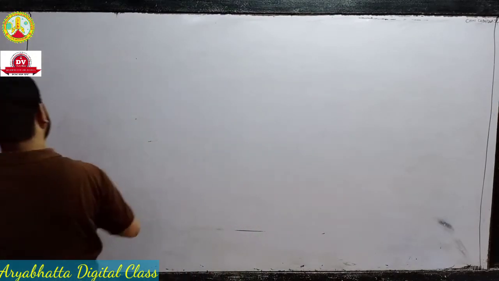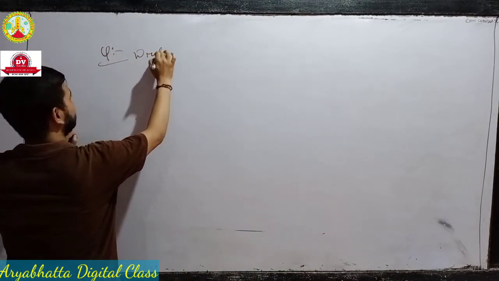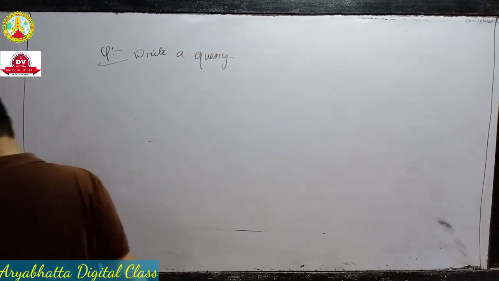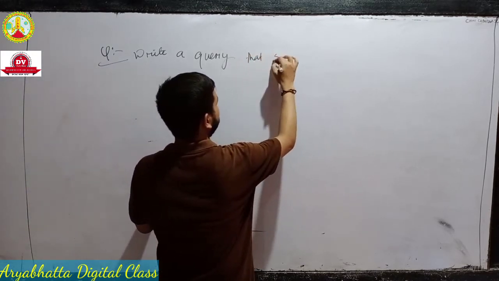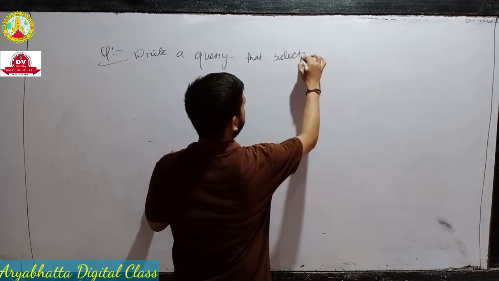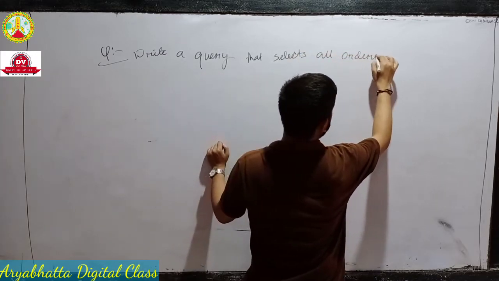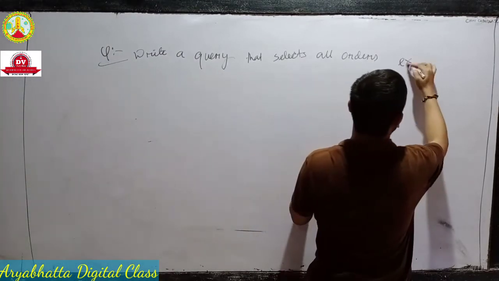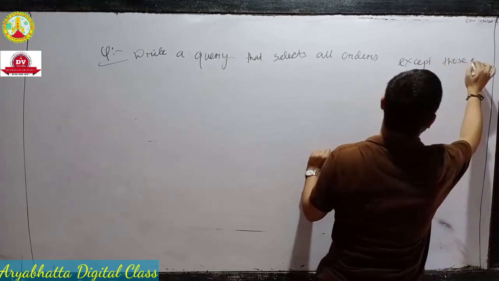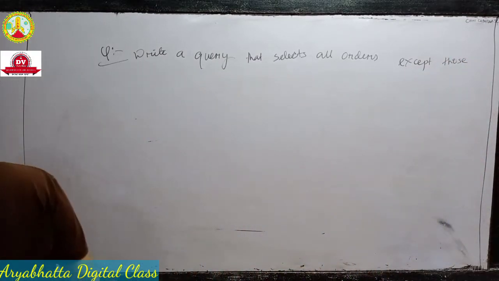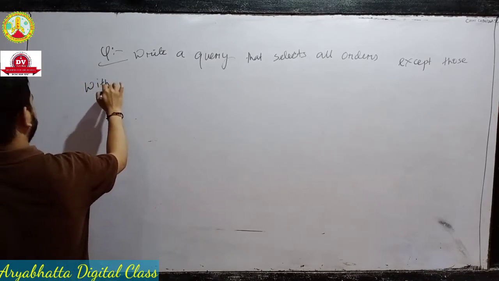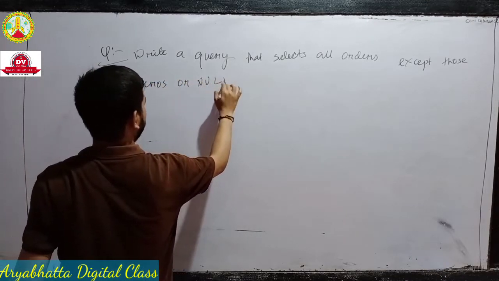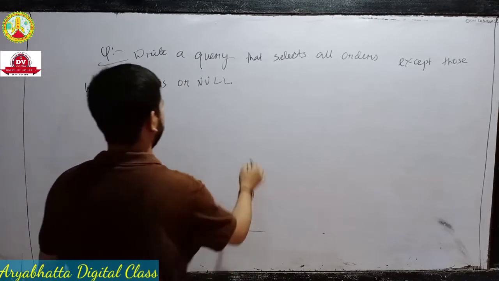Next you see, that is also important. Write a query that selects all orders, except those with zeros or null in the amount field.